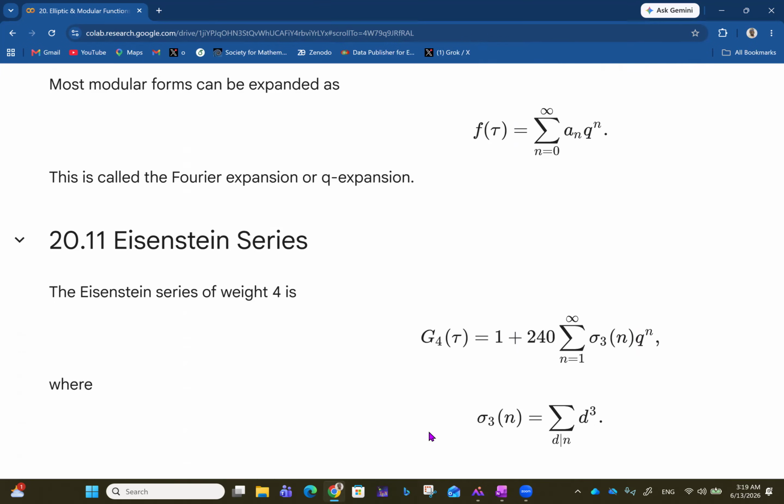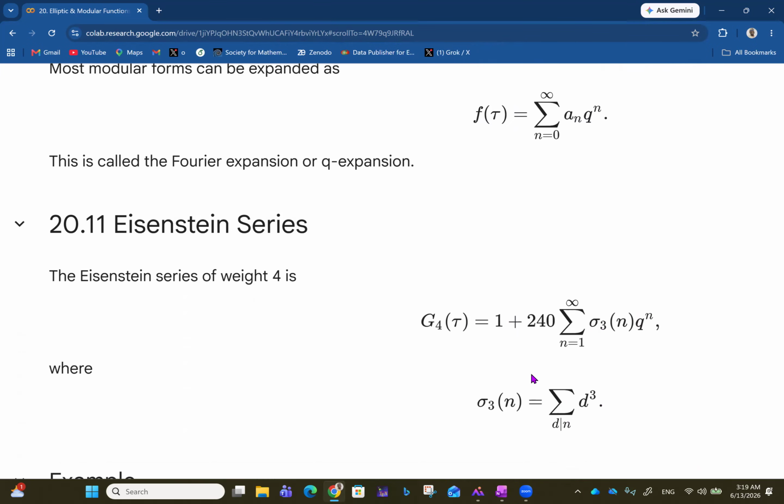And then we have the Eisenstein series. The Eisenstein series of weight 4 is G sub 4 of tau equals 1 plus 240 times the summation from n equals 1 to infinity of sigma sub 3 of n q raised to n, where sigma sub 3 of n is the summation over d dividing n of d raised to 3.